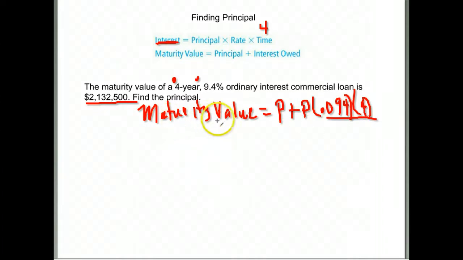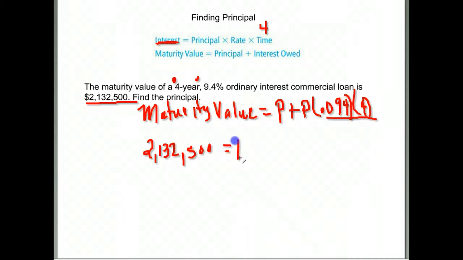So now we have the maturity value, which we know. We're going to go ahead and put that in. The maturity value was 2,132,500, and that's equal to the principal plus, and we multiplied those and got 0.376P. Again, we can combine our P's. We have a 1P and a 0.376.